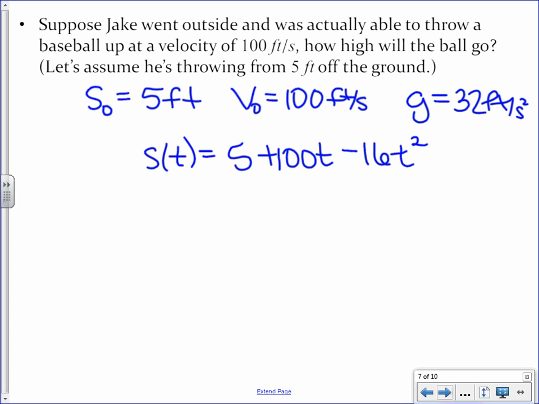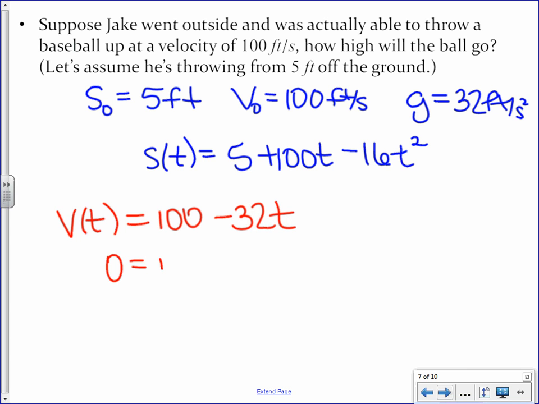It has to stop and change direction. So we can find our velocity equation, which would be 100 minus 32t. The ball stops where this is 0.